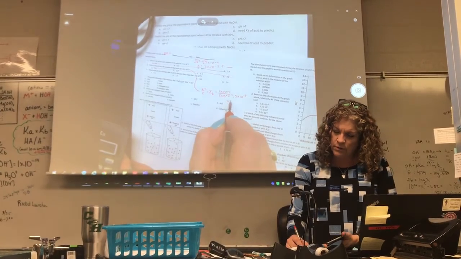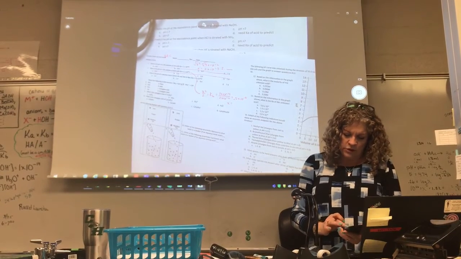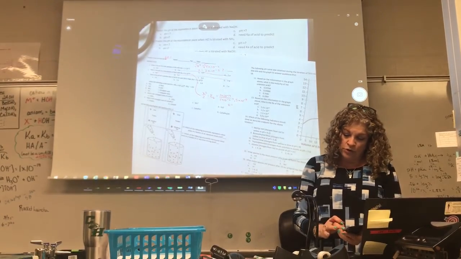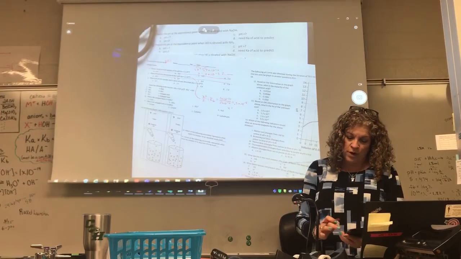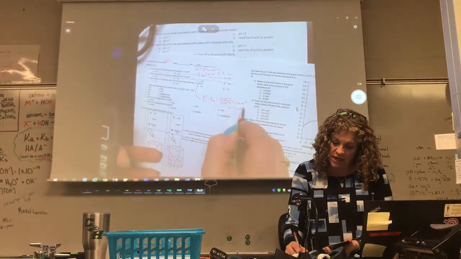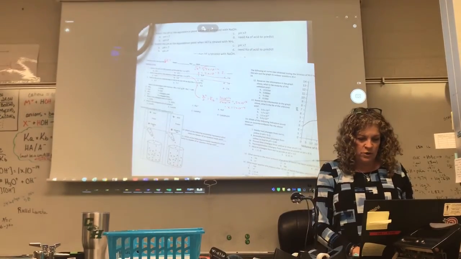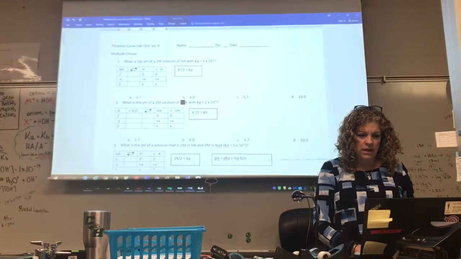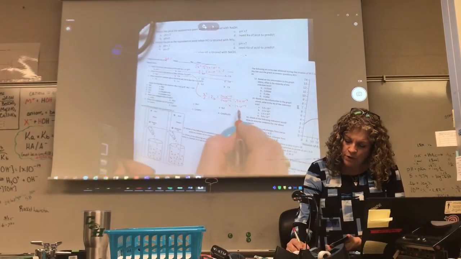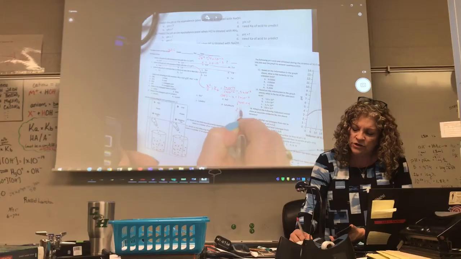I'm going to do 2 divided by 10 to the negative 6, multiply that by 2, and then take the square root, and so I actually get an x value of 1 times 10 to the negative 4. In this case, the x value is OH. So if this is OH, then your pOH is 4, and so your pH is 10.